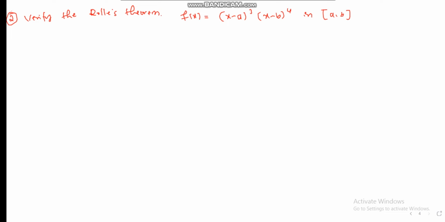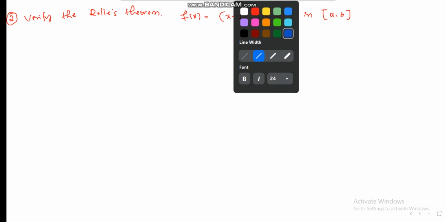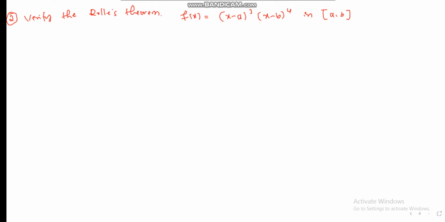We go for the second example: verify Rolle's theorem for f(x) equal to (x minus a) whole cube into (x minus b) raised to 4 in the closed interval [a, b]. Again it is a similar example. The given function is (x minus a) cube into (x minus b) raised to 4.